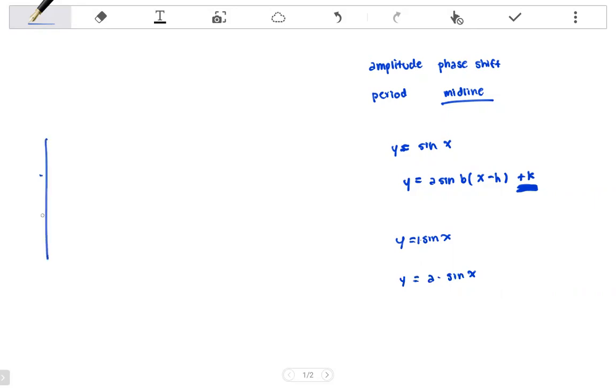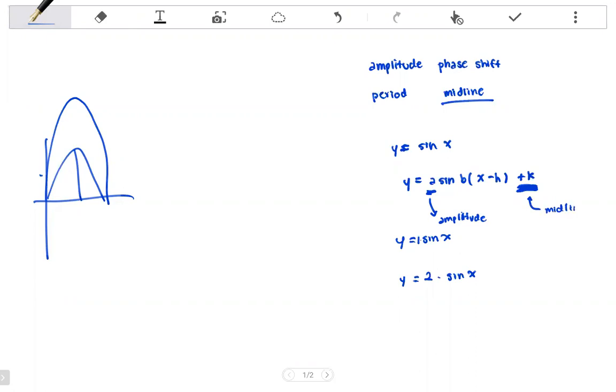That's why we have an amplitude of 1. But if we write 2 times sine of x, then this is going to go double the length like that and look much greater. So remember that A is amplitude so far. K is midline. Okay, we covered those two things.